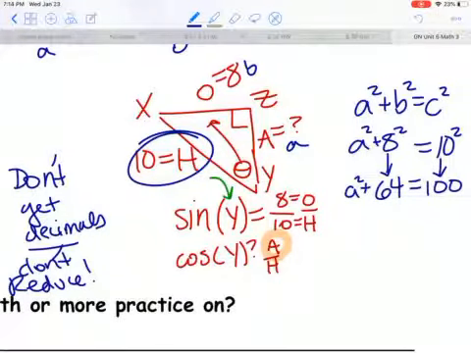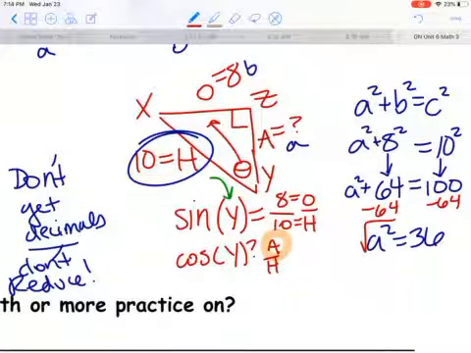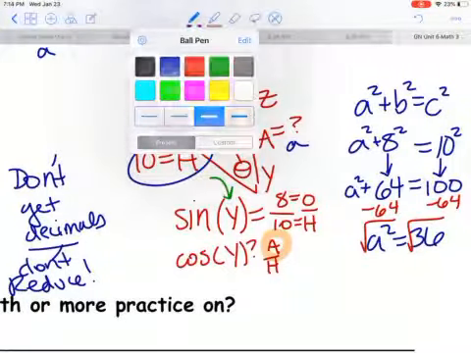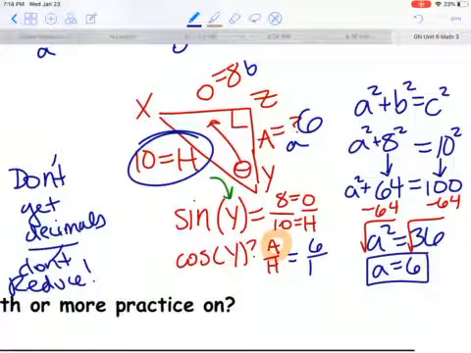So you don't want to square root yet. And then we want to subtract 64. So we get a squared equals 36. And now you can square root because that a squared is all alone. So we get 6. So now we can set up our fraction as 6 over 10. And that's it.